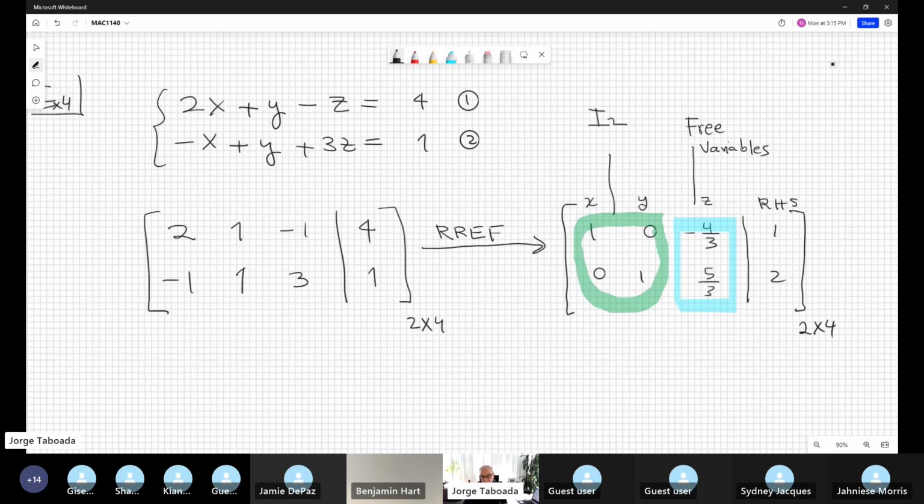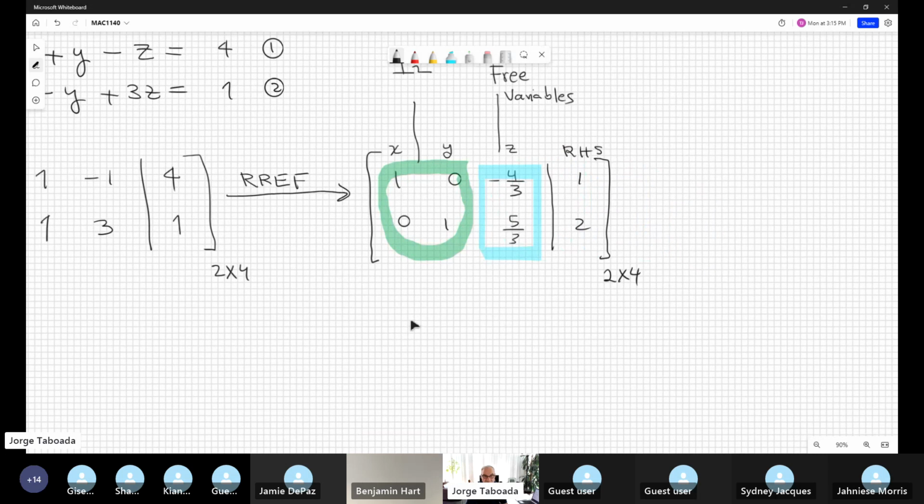What is the final answer? How do you write it? The variables x and y inside the identity matrix, in green, are the non-free variables, because they depend on z, which is free.